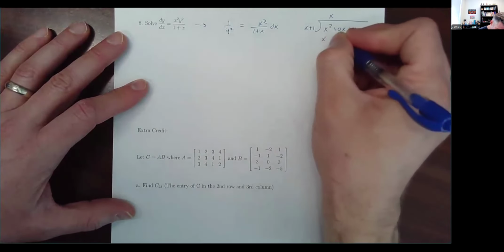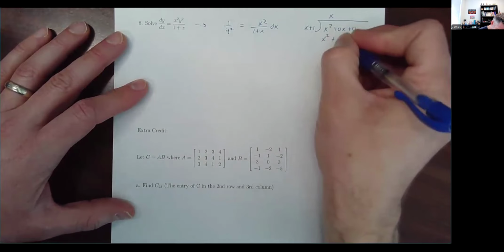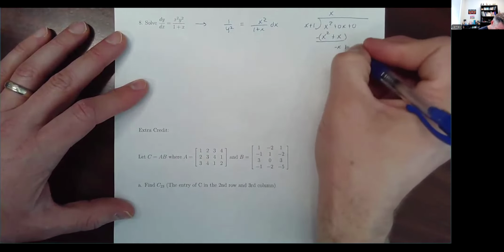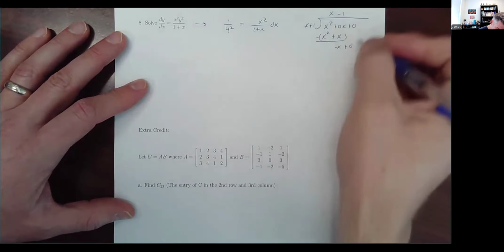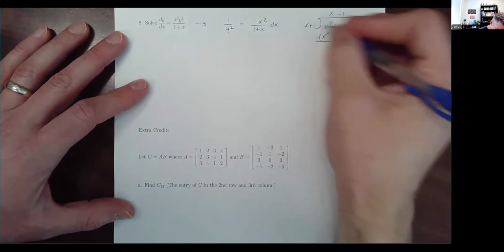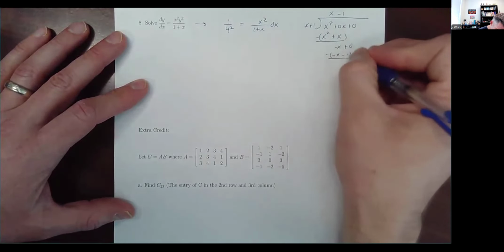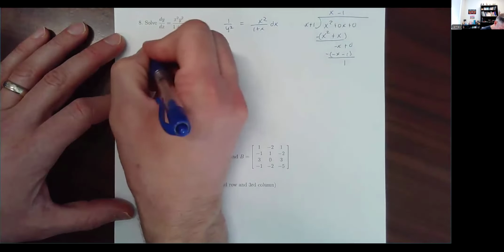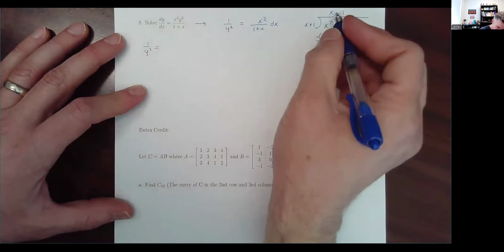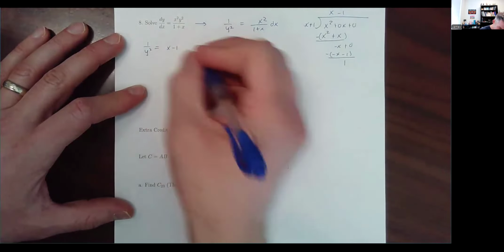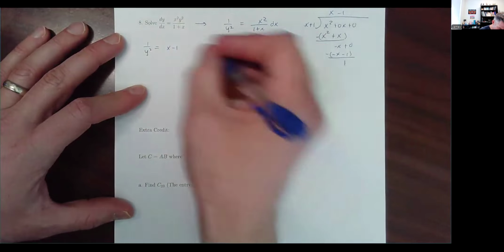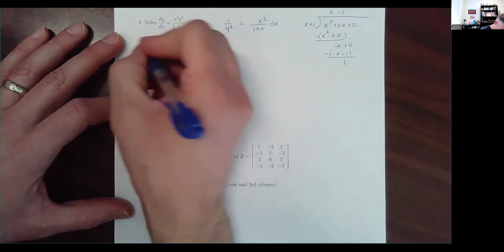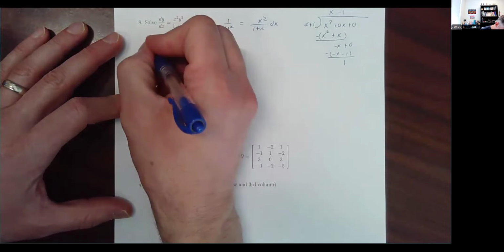You multiply, you get x squared plus x. Subtract 0, negative x, bring down. X times negative 1 is negative x. Negative 1 times 1 is negative 1. Subtract. And then we rewrite this as 1 over y squared equal to the quotient, x minus 1, plus the remainder divided by the divisor. And then I forgot to leave room for my dy here, sorry.